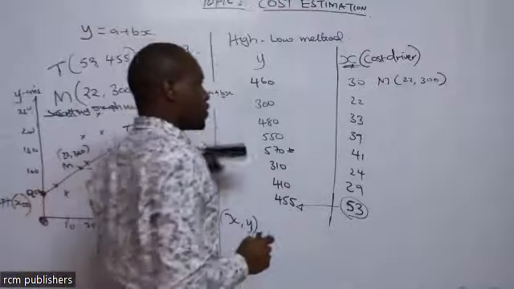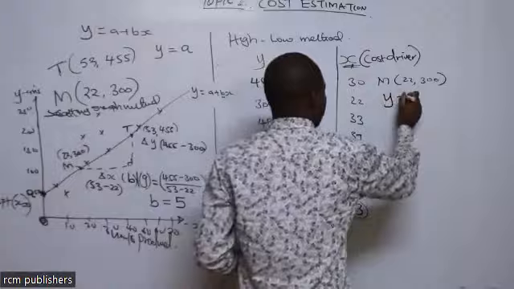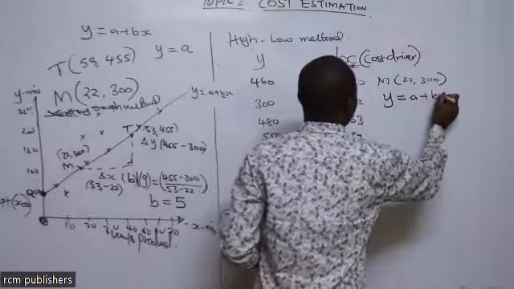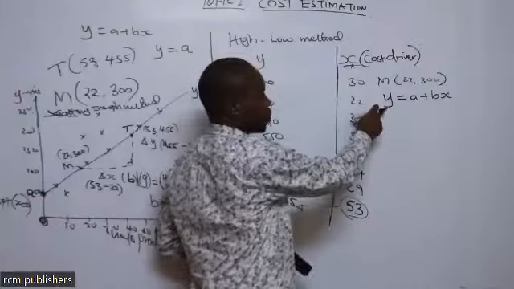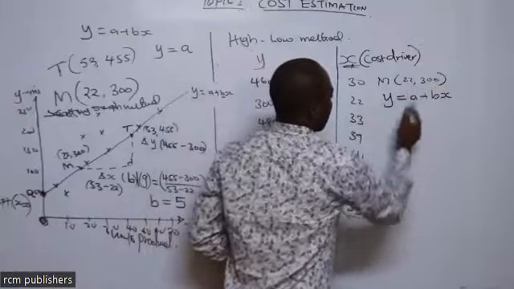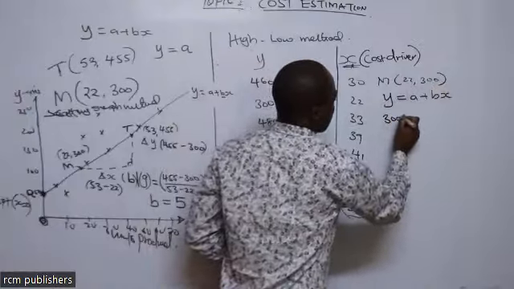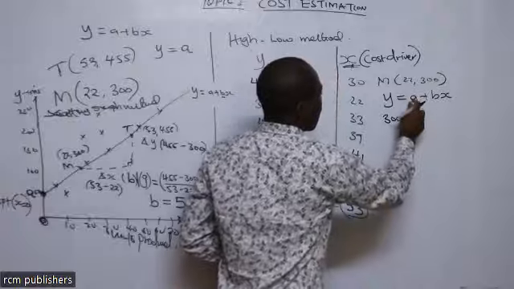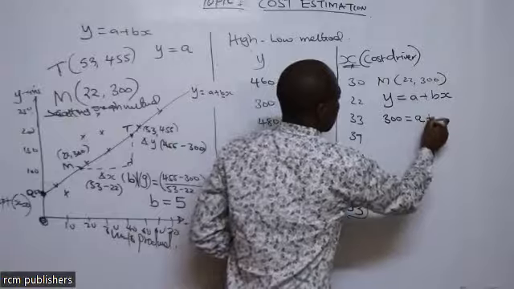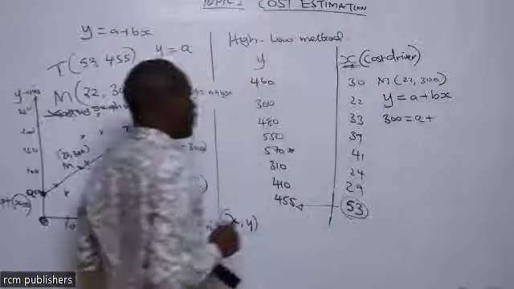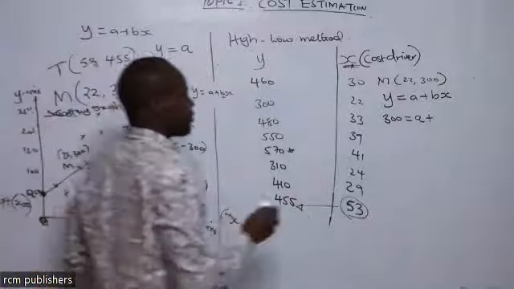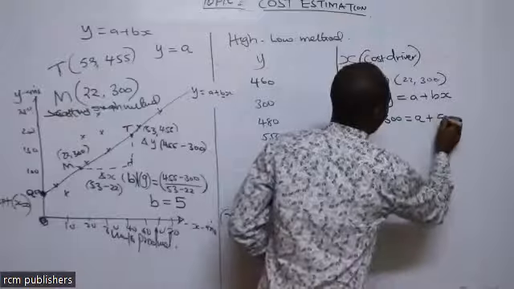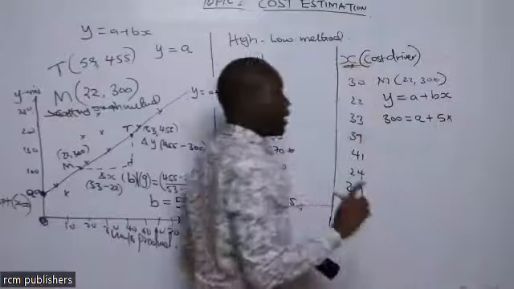And our function says y is equal to a plus bx. What is y? Total cost. This is the value of y, 300, is equal to a, which we do not know, plus b. Do we have the value of b? We have calculated it here. It is 5, multiplied by x.